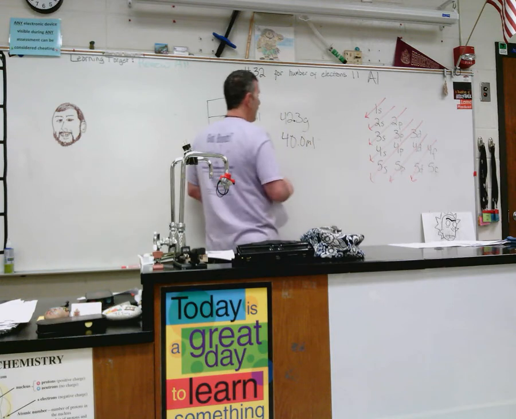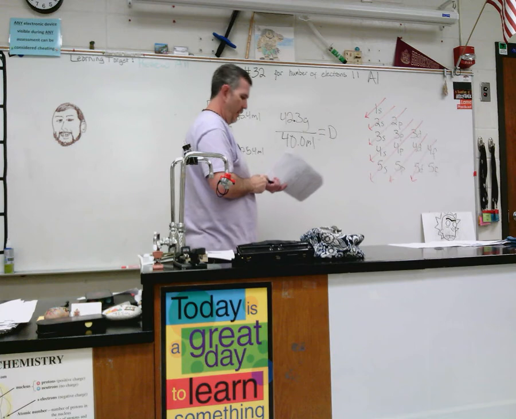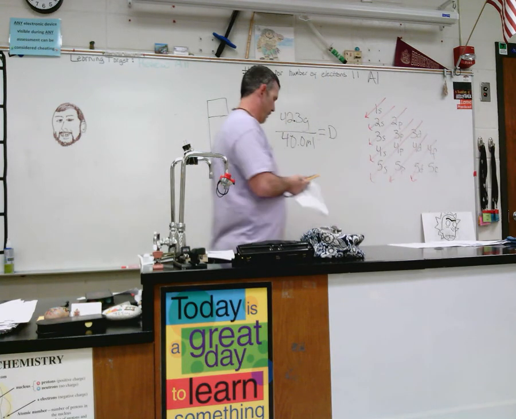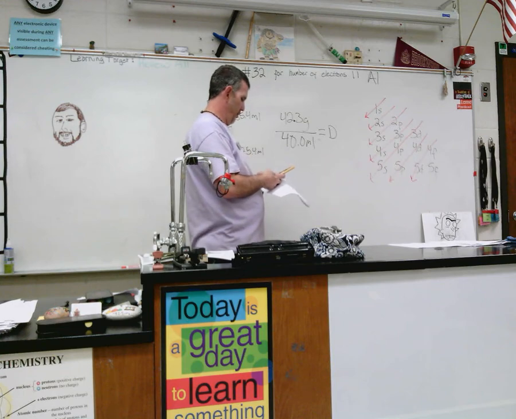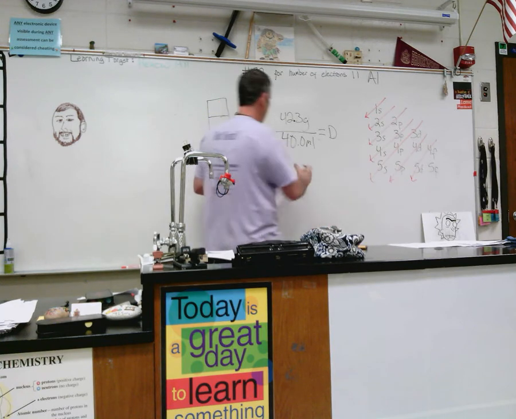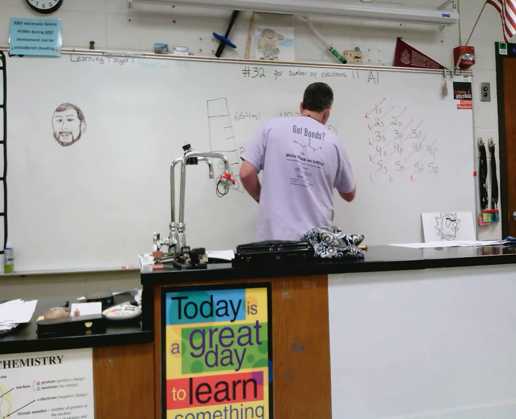And guess what? This is the equation for density, right? So 42.3 divided by 40 equals 1.0575 grams per milliliter.